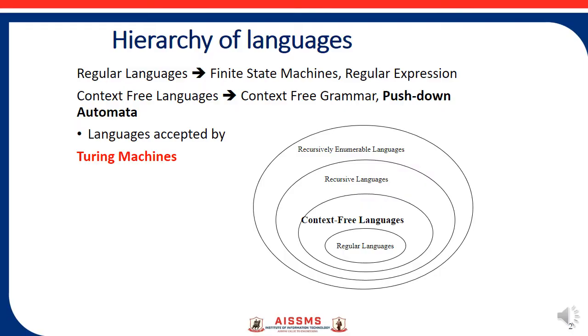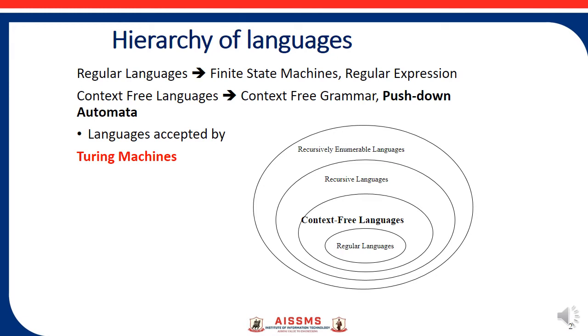Let us see the hierarchy of languages which is followed in TOC. We already know that the regular language is recognized by finite state machine, and it also uses the regular expression. And we have also seen that the push down automata uses the context free language.